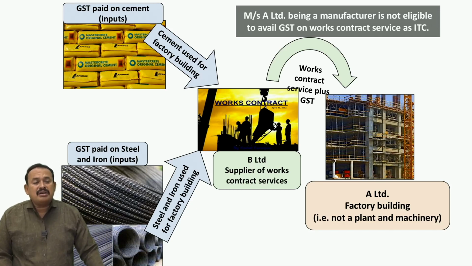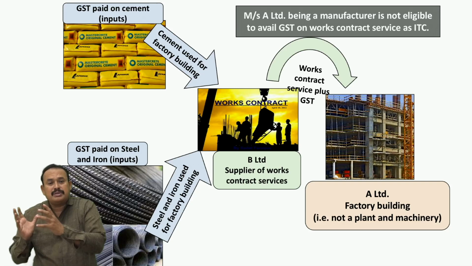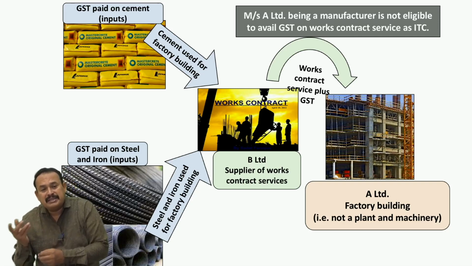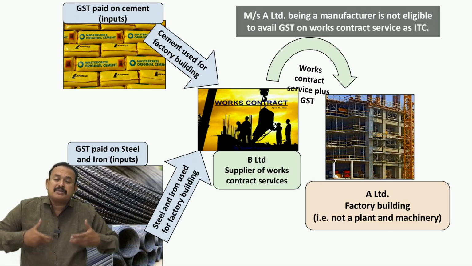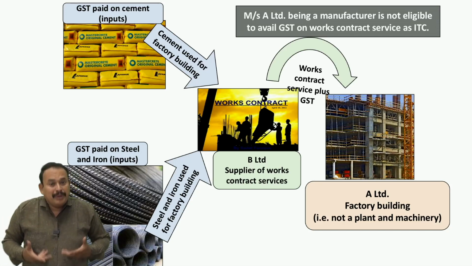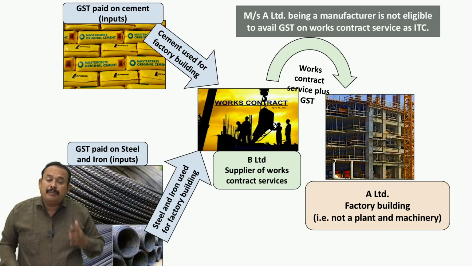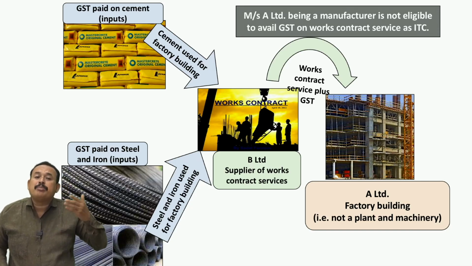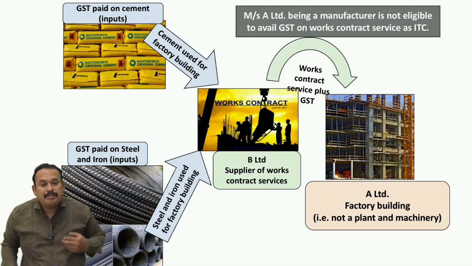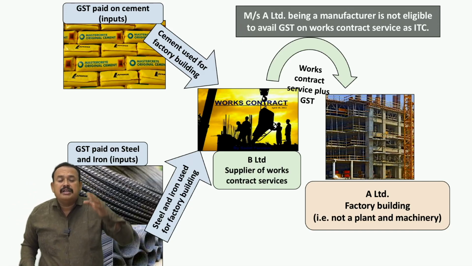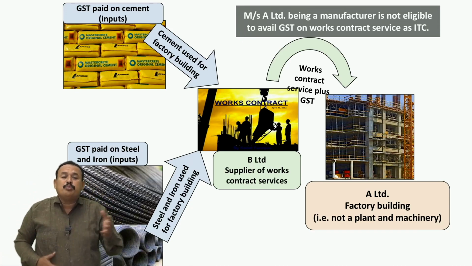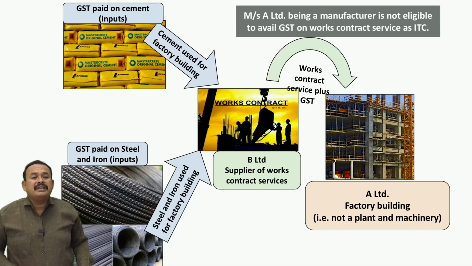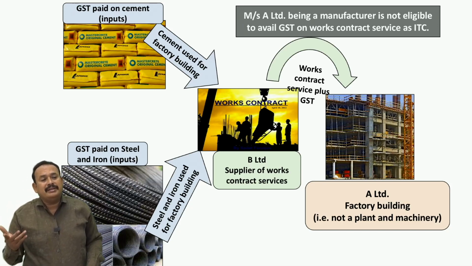Now, B Limited, the works contractor, procures the goods or services by paying the GST. While providing output supply of works contract services, B Limited is liable to pay GST. B Limited, being a works contractor, can avail input tax credit of the cement, steel, iron which it received to provide output supply. The law of the land says yes, allowed to avail.